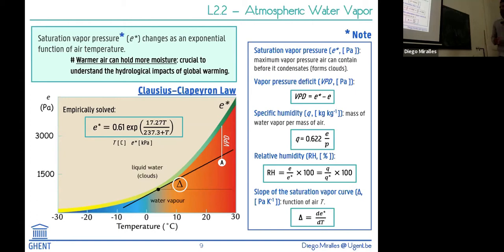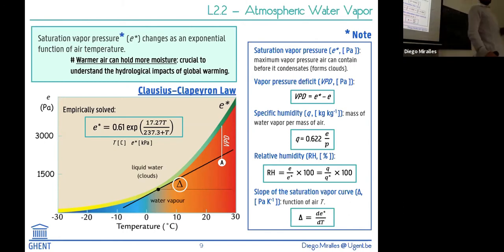Or you can express it in specific humidity divided by the specific humidity at saturation. We call that Q star, which is analogous to E star, right? So it's how many kilograms the air can hold before it saturates. So that's the relative humidity.